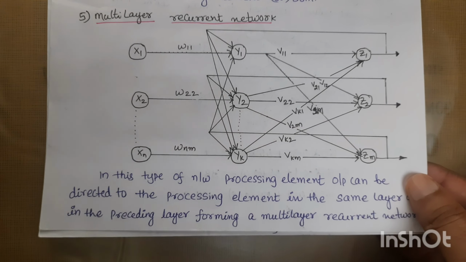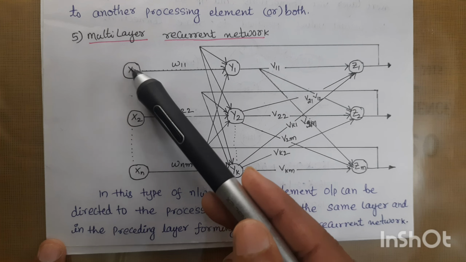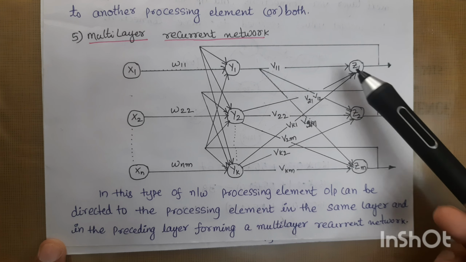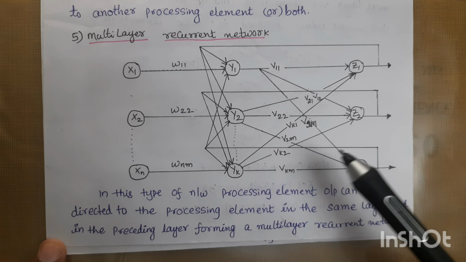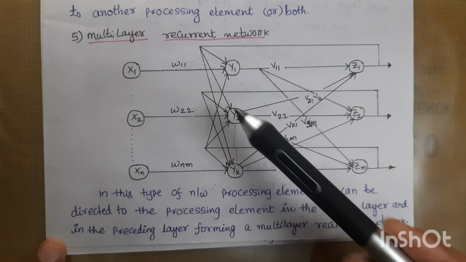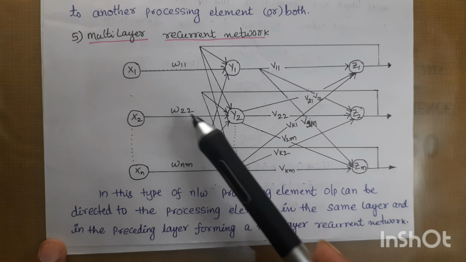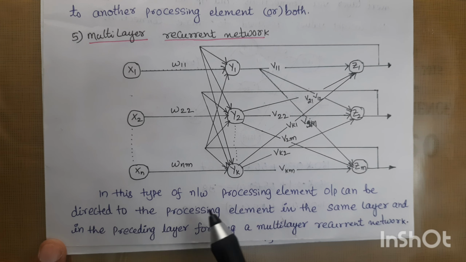So finally we have the multi-layer recurrent network. In this we have x1, x2, xn, and z1, z2, zm. Remember, in the above diagram we have only one layer, but in this we are going to have two. In this type of network, the processing element output can be directed to processing elements in the same layer and in the preceding layer, forming a multi-layer recurrent network.